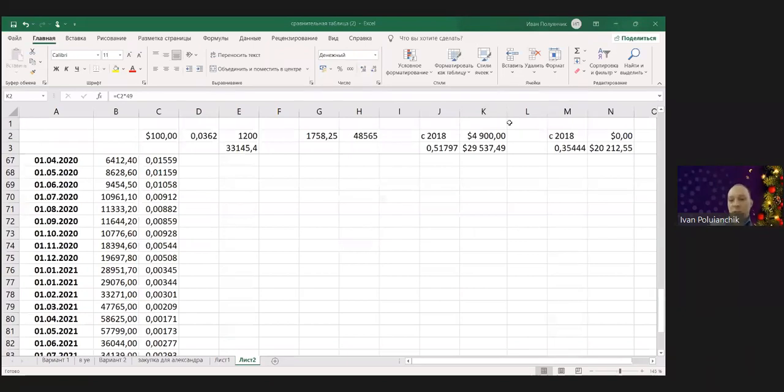Yes, in 49 months, that hypothetical investor would have invested $4,900, $100 a month. And they would have $29,500 by now. From $5,000, in 4 years, their capital would have increased 6 times.